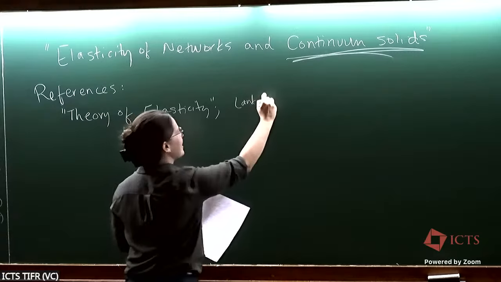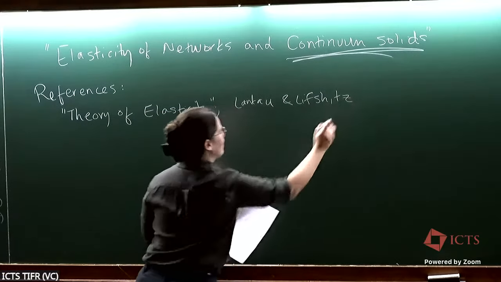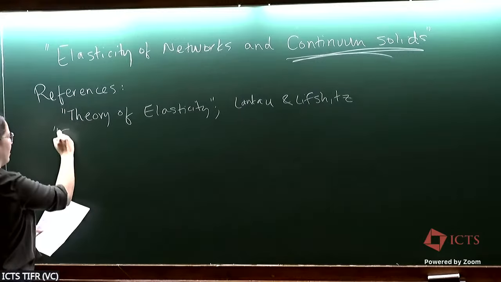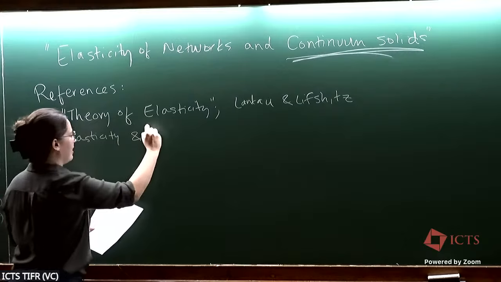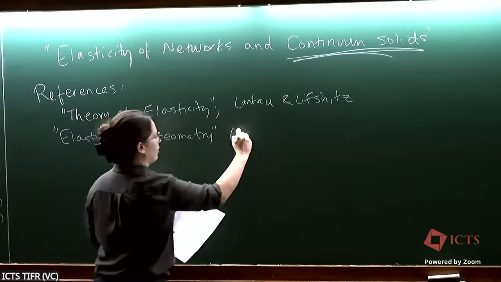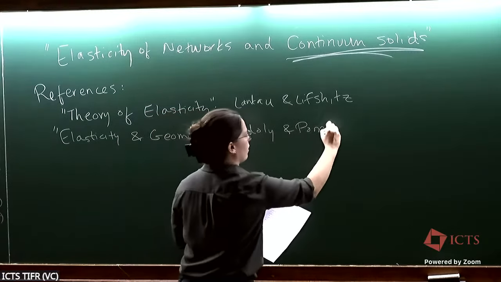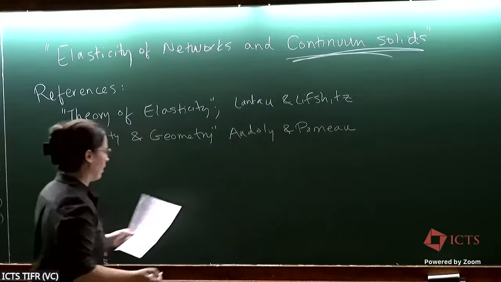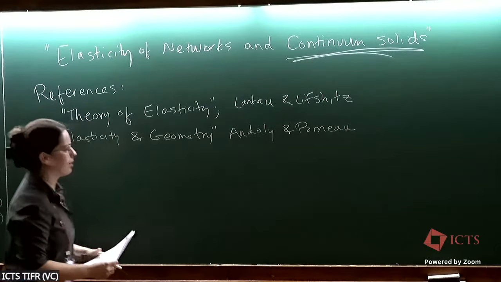It is concise though, so it's nice to supplement it with some others. Another great book that I know many of us in this room are fond of is Elasticity and Geometry by Audoly and Pomeau, and especially chapter 1, I was able to take some nice examples from this book.